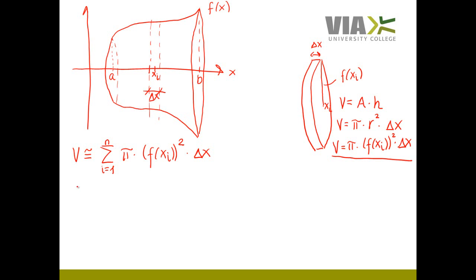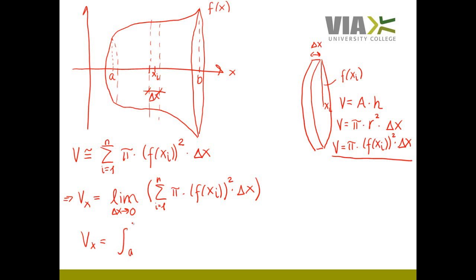So this volume, which we can call V_x, indicating it's the volume which we get when we rotate the graph for f(x) about the x-axis, is equal to the limit when delta x tends to 0 of the sum, and that's what you hopefully recognize as being equal to the integral with the limits a and b of pi times f(x) squared dx.